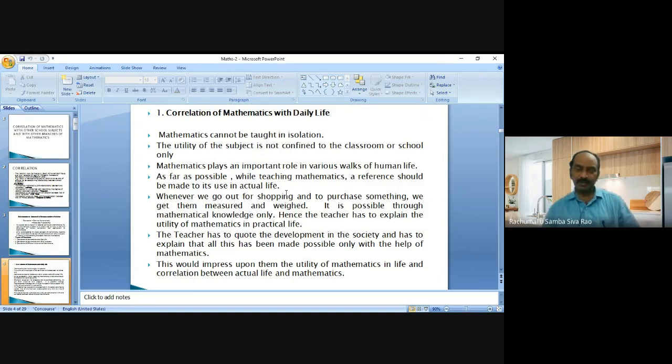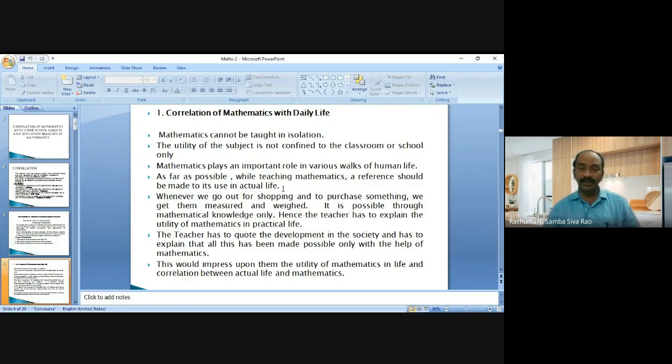For example, in a mathematics class, we are teaching the concept of interest, or concepts of business mathematics. Then definitely we should quote the reference of use of a particular concept in actual life.